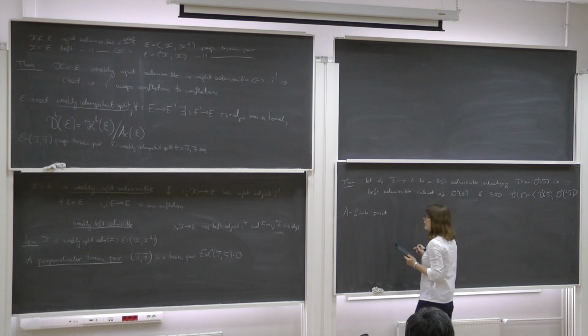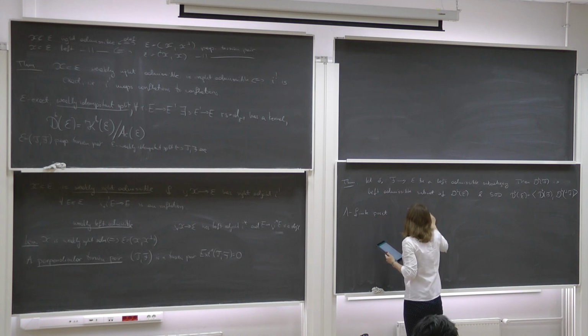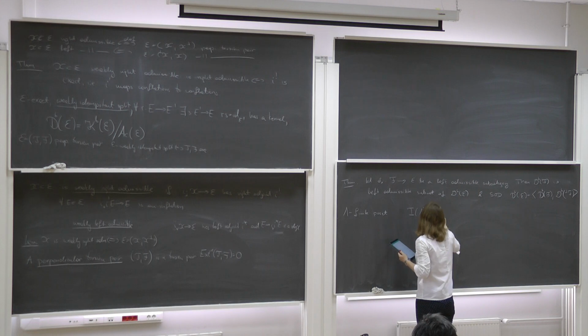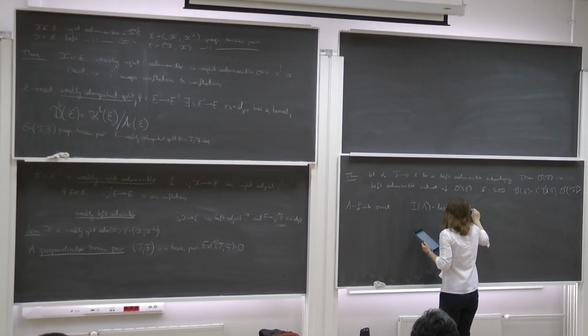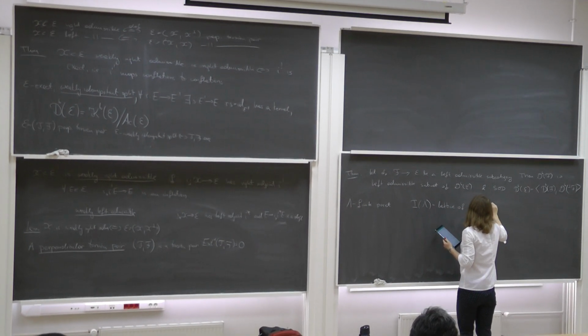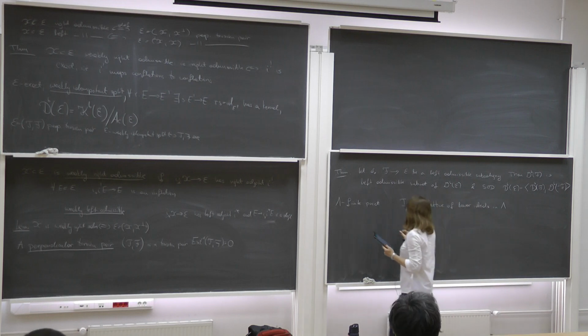So more precisely, I should consider the lattice of lower ideals in Lambda. So what is a lower ideal?